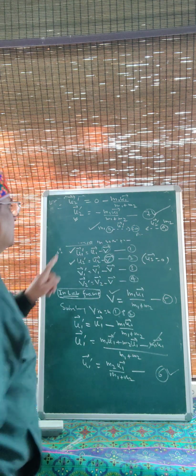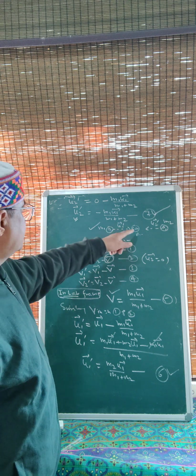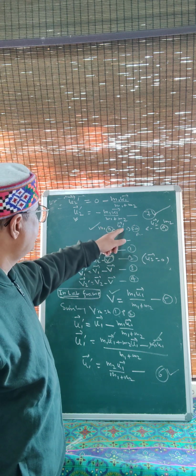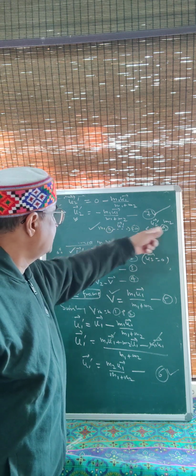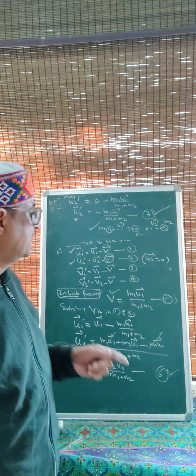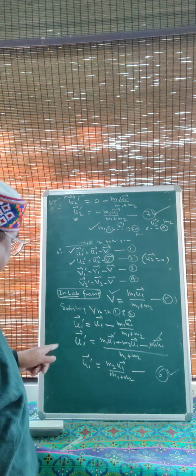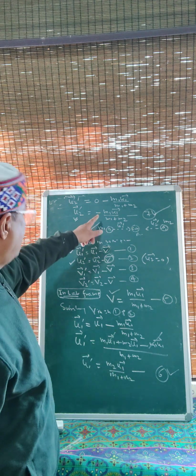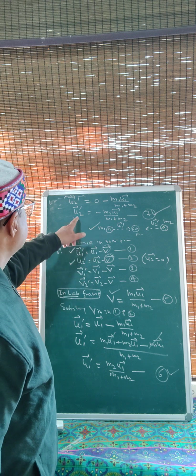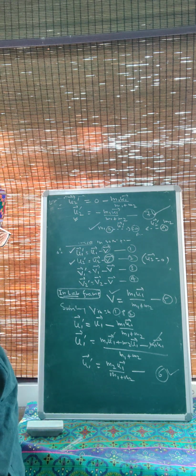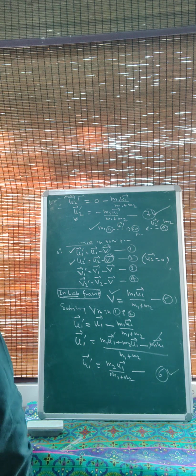This is before collision. Now you see this is center of mass frame of reference. Here what we have seen that m1 is moving with u1 dash, m2 is moving with u2 dash in opposite direction. तो ये u1 dash और u2 dash क्या होने चाहिए? They must be opposite to each other, and we saw that u1 dash is m2 u1 over m1 plus m2, और ये u2 dash is coming minus m1 u1 over m1 plus m2.